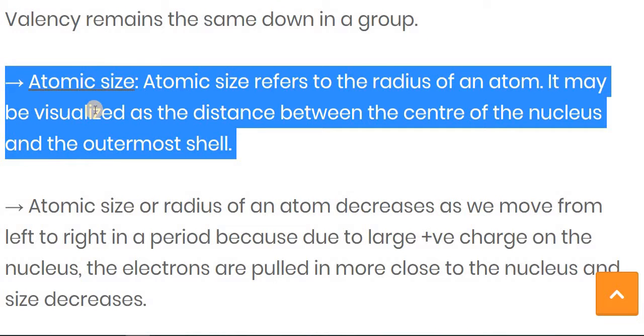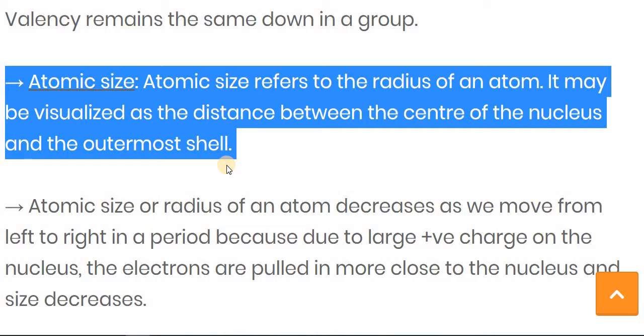It's atomic size. Atomic size refers to the radius of an atom, and radius means the distance between the atom's nucleus and its outermost orbit. So atomic size refers to the radius of an atom. It may be visualized as the distance between the center of the nucleus and the outermost shell.